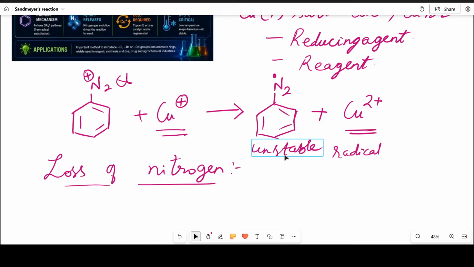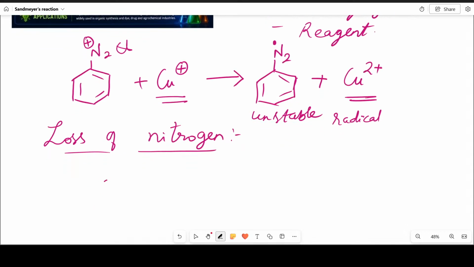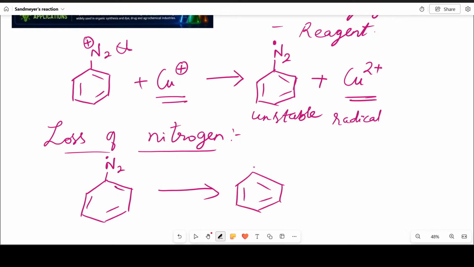Let us see how it loses N2. This free radical is highly unstable, so it loses the nitrogen gas to form the aryl free radical. The carbon bearing a single electron is also highly unstable. So nitrogen gas is eliminated now.